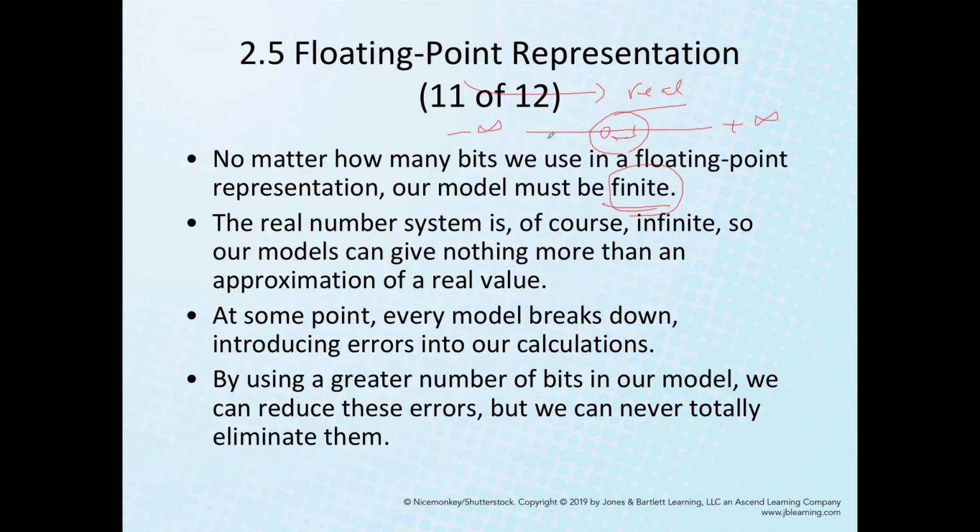But in floating point representation, we have a finite number, so there is always a limit. The real number system is infinite, but floating point is finite. Because of that, there is some error. If you use double precision, the errors are reduced compared to single precision though.